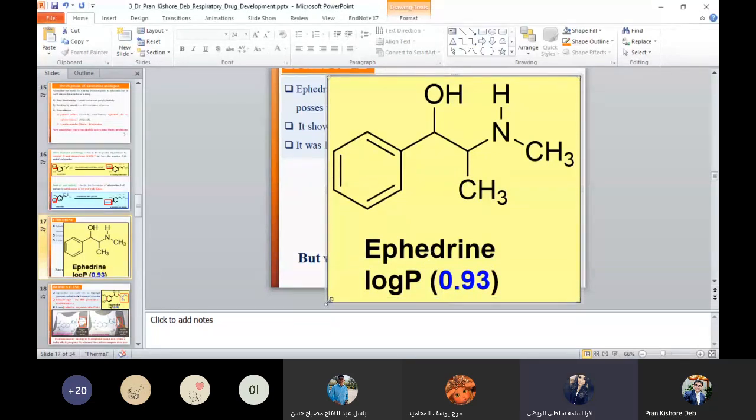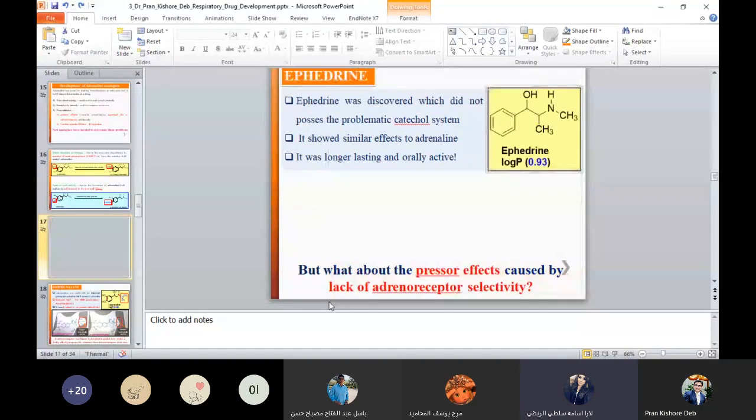Yes, the 2 advantages are it's orally active due to the absence of catechol OH, and it's long acting. The disadvantage is the catechol OH is not present, so it prevents forming the H bond with the binding site at serine 204 and serine 207.